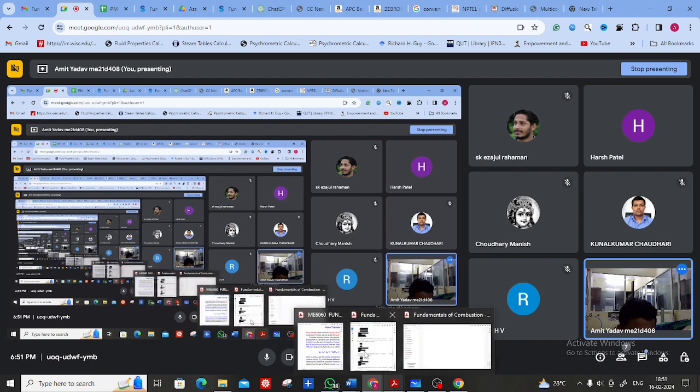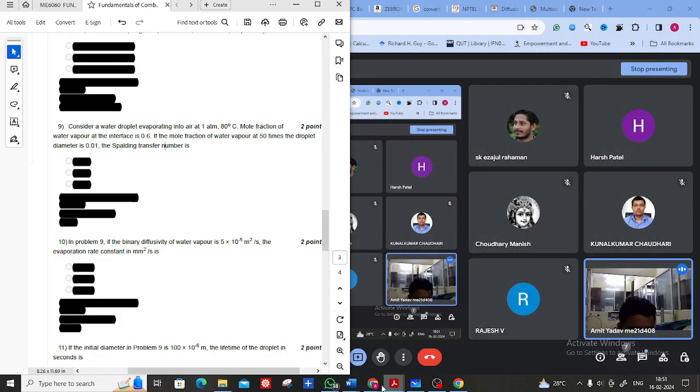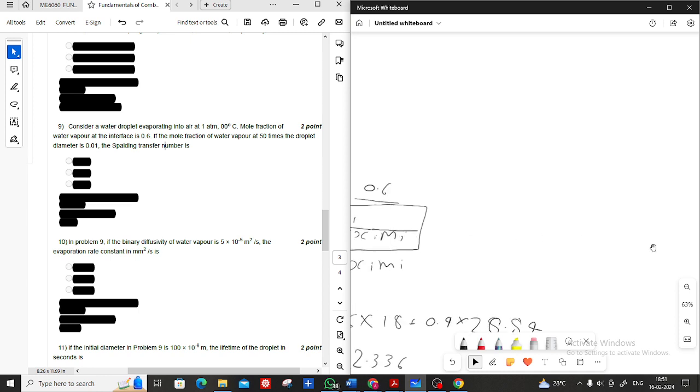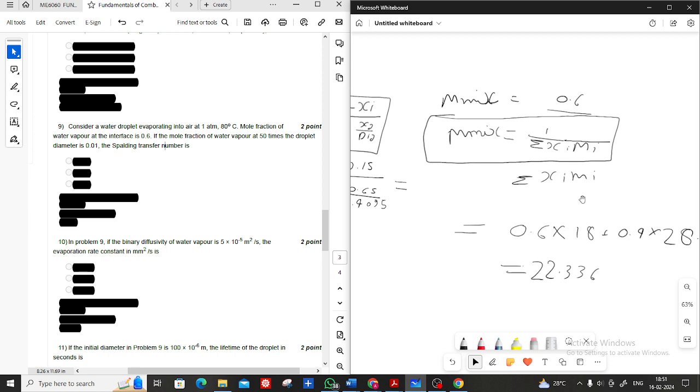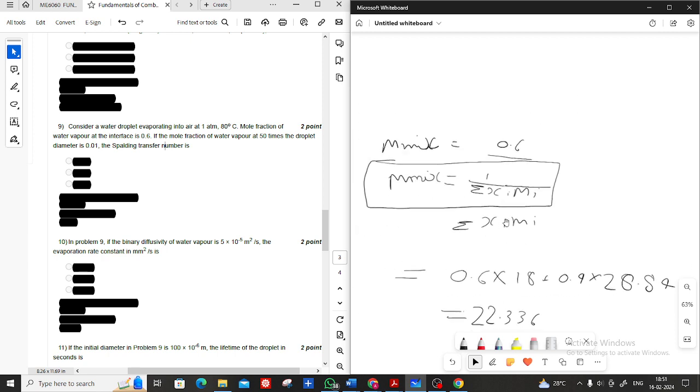Okay, fine. So is this how to calculate the molecular weight of mixture? Is this clear to everyone, or is someone having doubt in this formula itself?